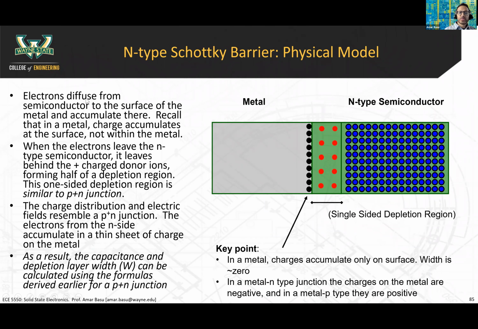Electrons will diffuse from the semiconductor into the surface of the metal and accumulate there. The electrons diffuse from the N-type to the metal, just like they do in a p-n junction. But the difference is that they won't go into the metal. They'll accumulate on the surface of the metal.